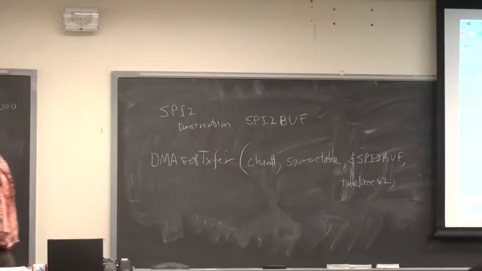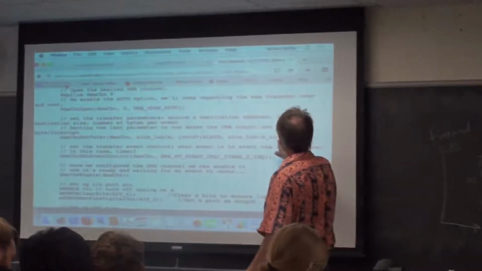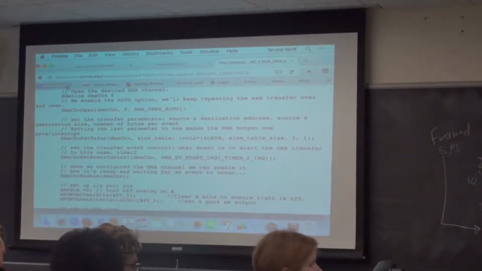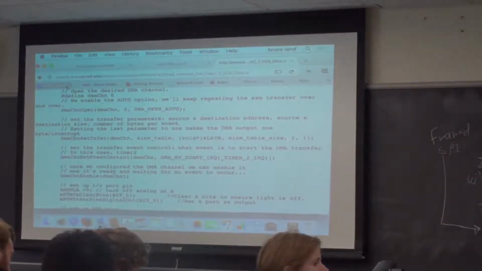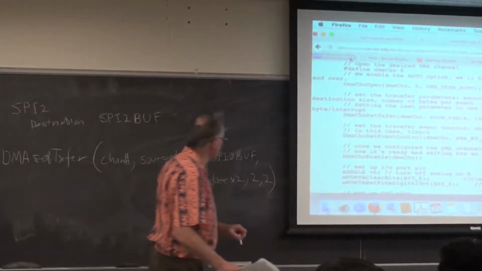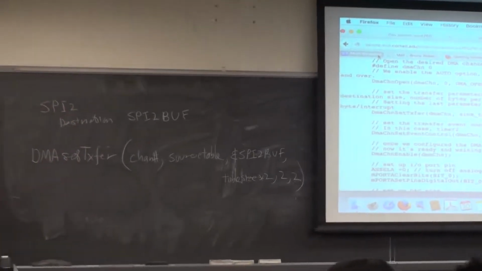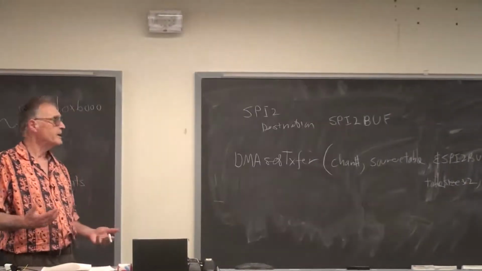We need the sine table size, the destination size, which is 2, and the number of bytes per cell transfer, which is 2. So the DMA set transfer command that you're going to set up is going to look something like this.